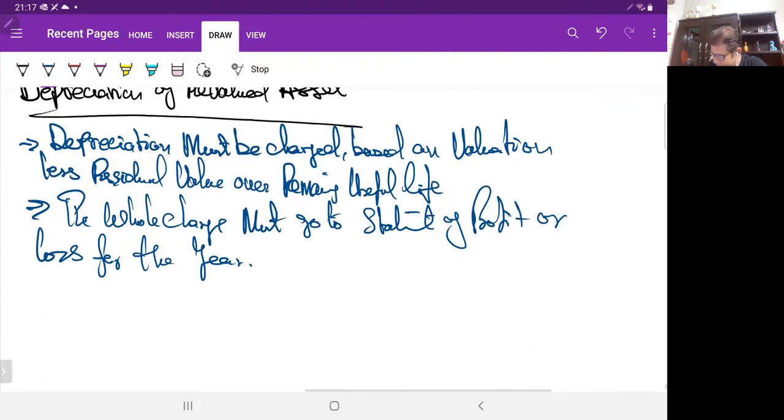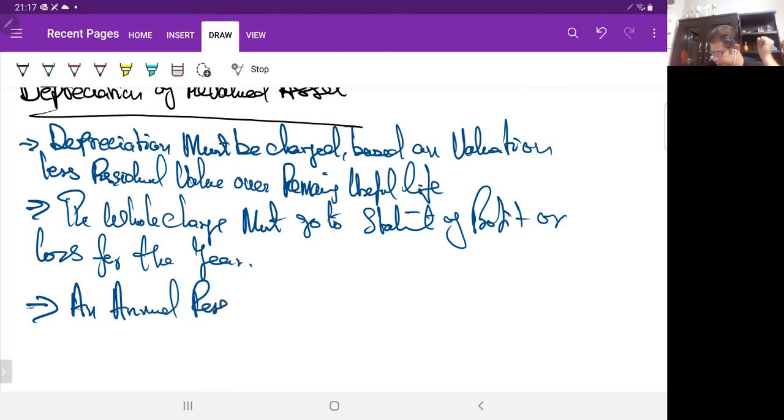Now, then, and annual reserve transfers may be made, right? Annual reserve transfer may be made. What does that mean?